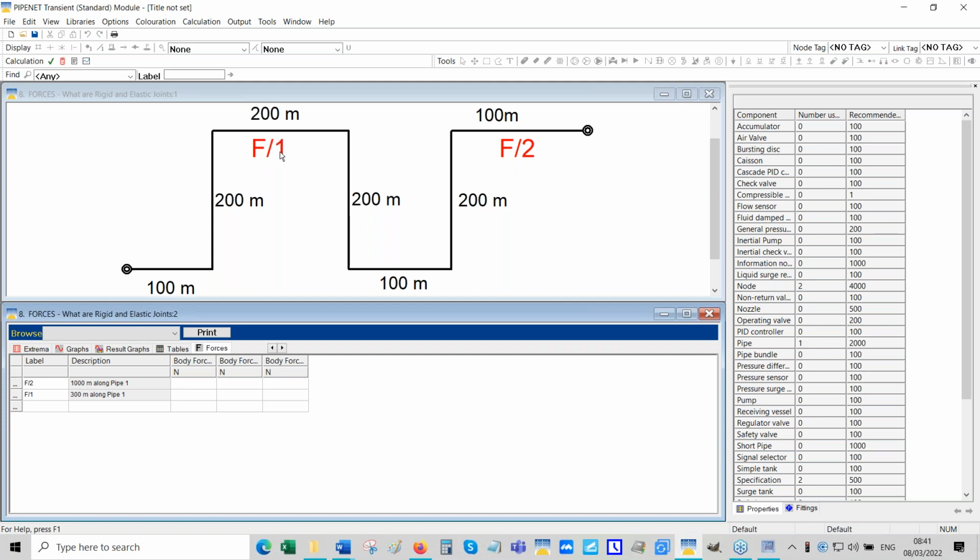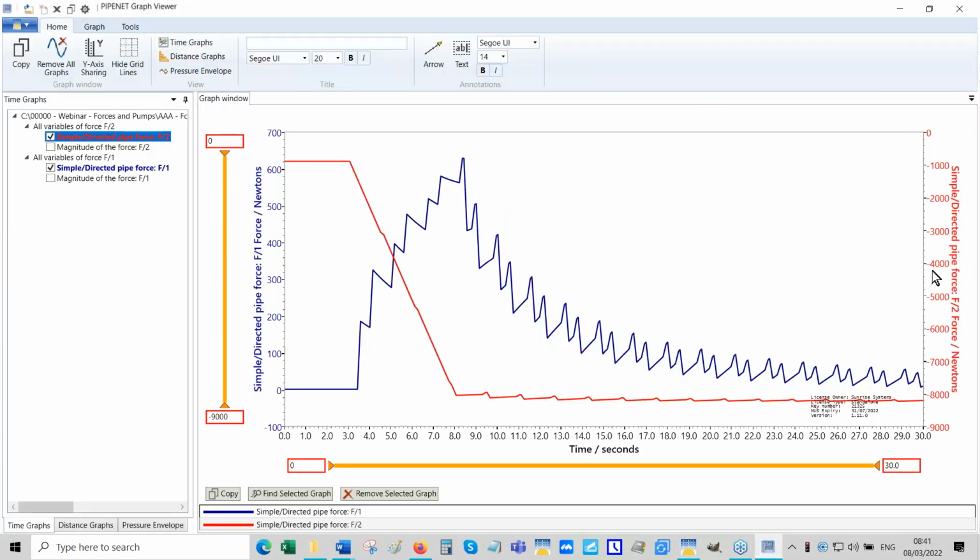But the point remains that F1 is the difference between these two forces, whereas F2 is only the force acting on that. That is why this is quite a bit bigger than the other. It goes to minus 8,000, whereas this one here only has a maximum of 622.